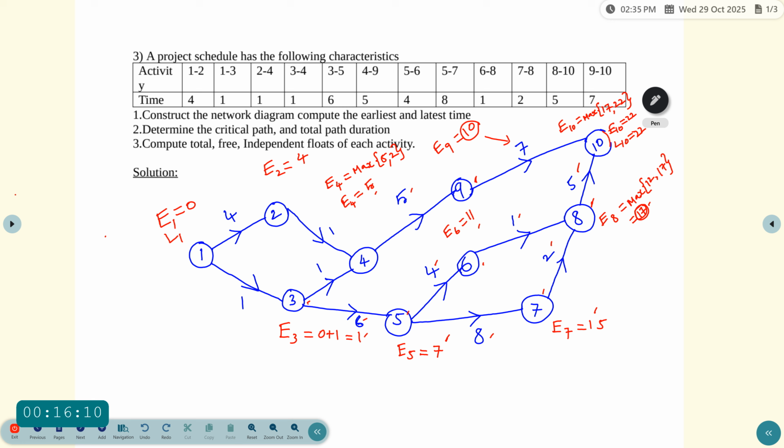So E10 value equal to L10 which is 22. Now using the reverse process, 10 and then the event before, which is 9. So next we have to find L9. L9 comes from event 10, using the latest time value L10 equal to 22.